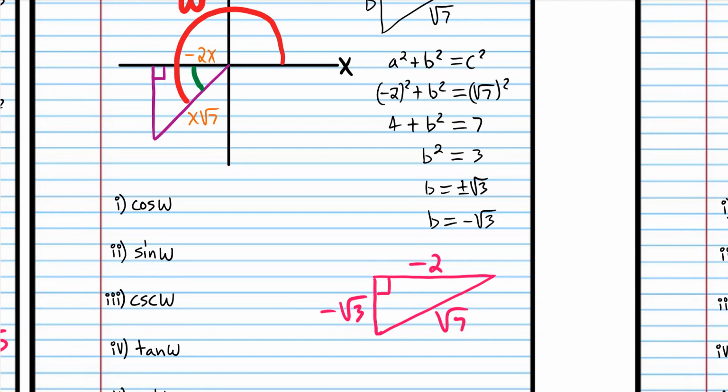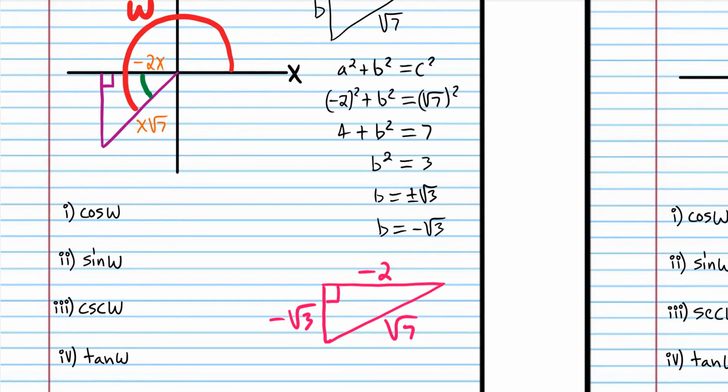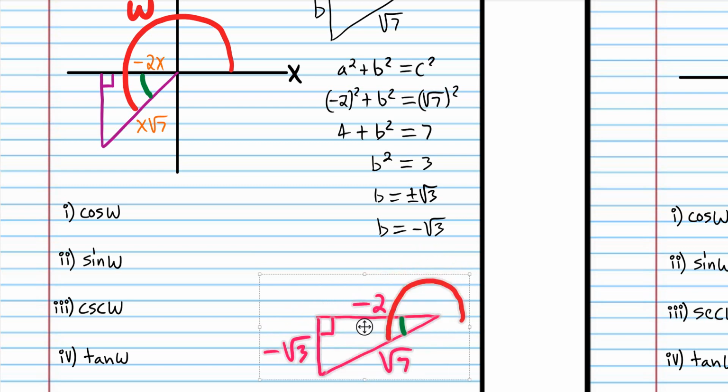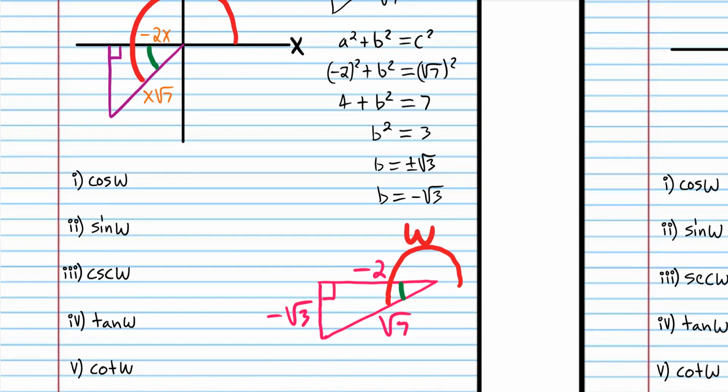So the angle in question is this angle here. And of course, we need to consider the green reference angle, and the red angle is omega. So you don't have to draw quite so many things on the page.